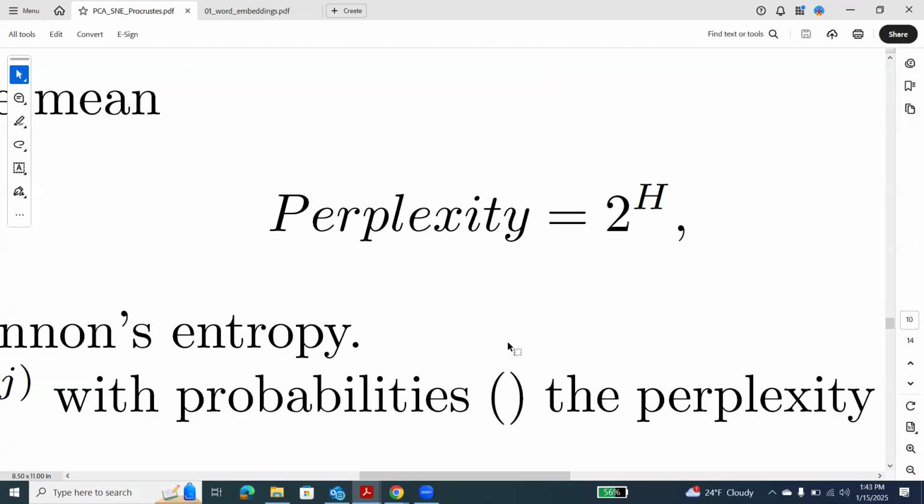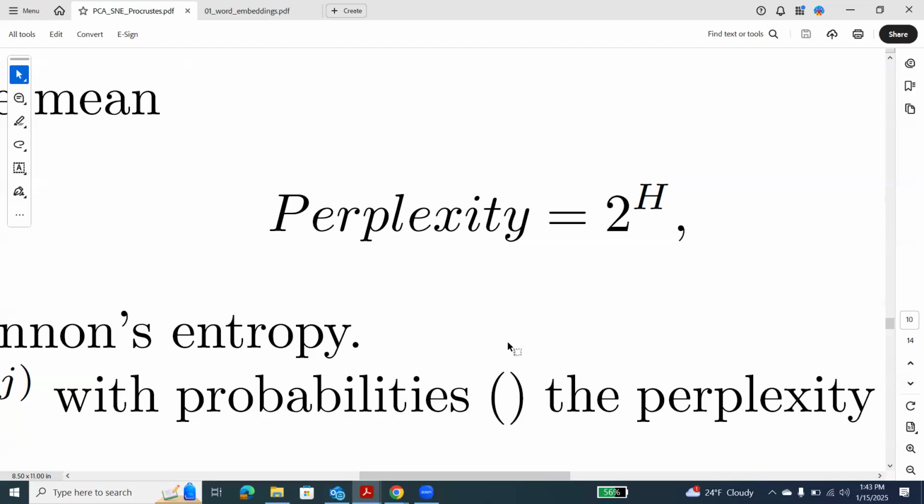But I mean the formula. The definition is that it's the expected value of information, and information is the negative log of probability.